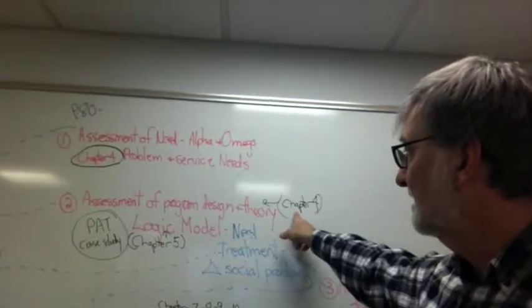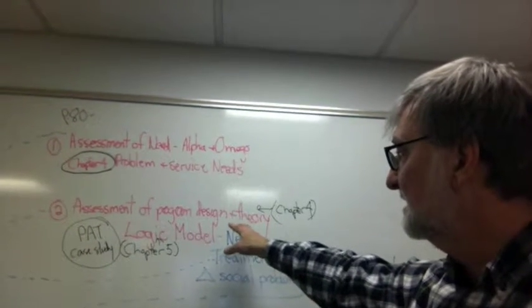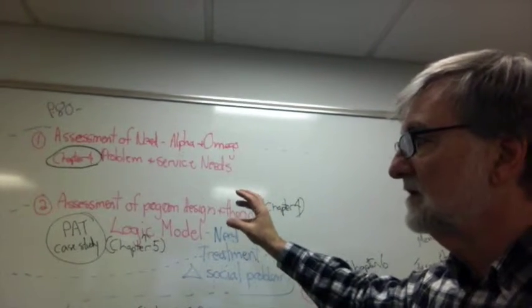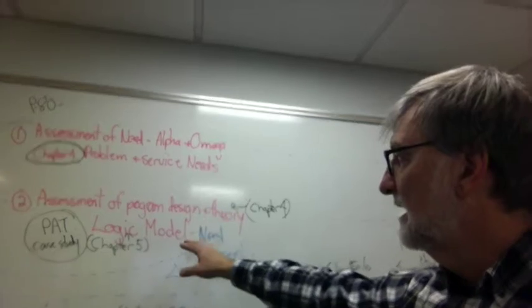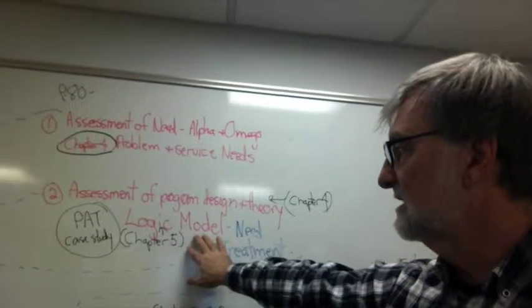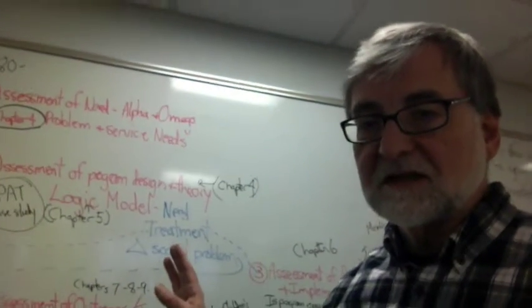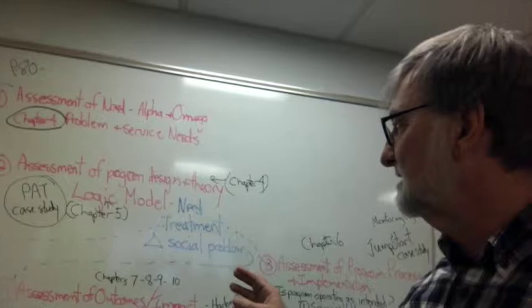And this assessment of the design and theory is basically to say, okay, does it make sense that the treatment that I'm trying to provide will actually solve the need? And related to that then is this logic model, right? And I know that I've had some discussions back and forth with some of you about how detailed that logic model needs to be.